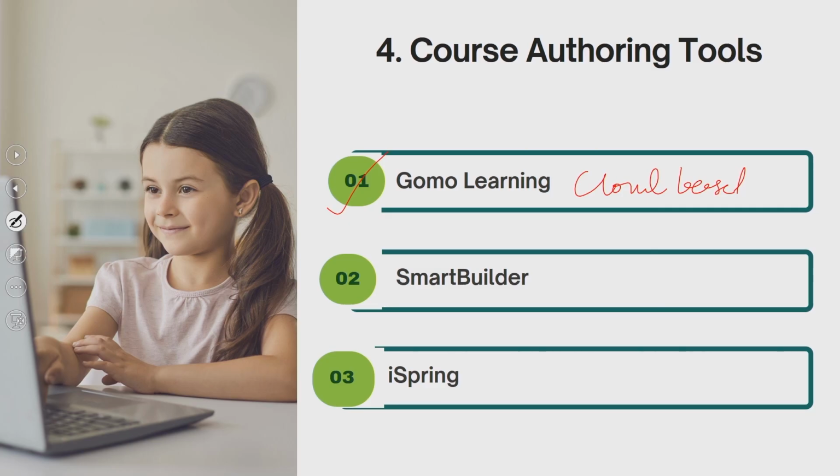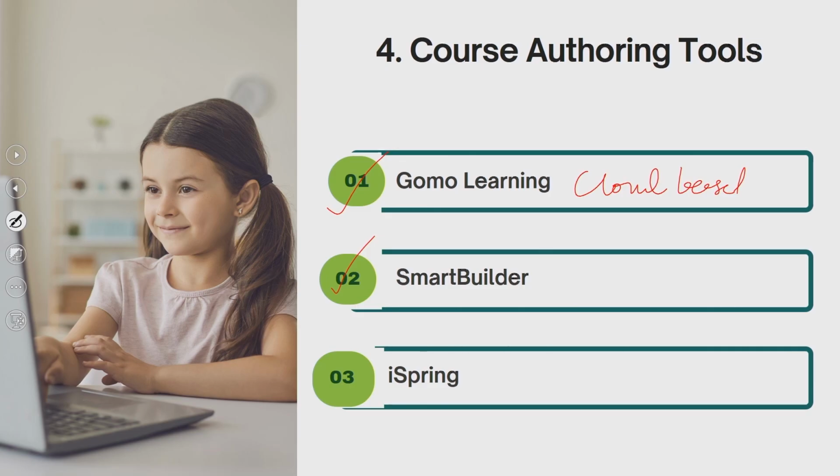The second tool that I would like to discuss today as part of the course authoring tools is Smart Builder. Smart Builder is an authoring tool designed for creating highly interactive and scenario-based e-learning courses. It offers a visual programming approach, allowing developers to build complex interactions without extensive coding knowledge.